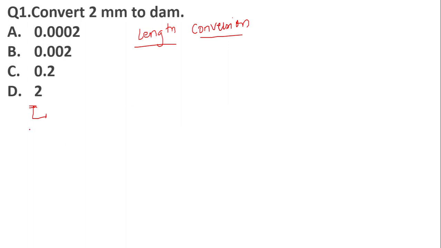Let us understand that. Whenever we talk about length conversion, there is one chart you have to understand so that you can easily solve the question. This is the trick which I'm going to give you. Look here, I'm writing some of the units: kilometer, hectometer, decameter, meter, decimeter, centimeter, and millimeter.